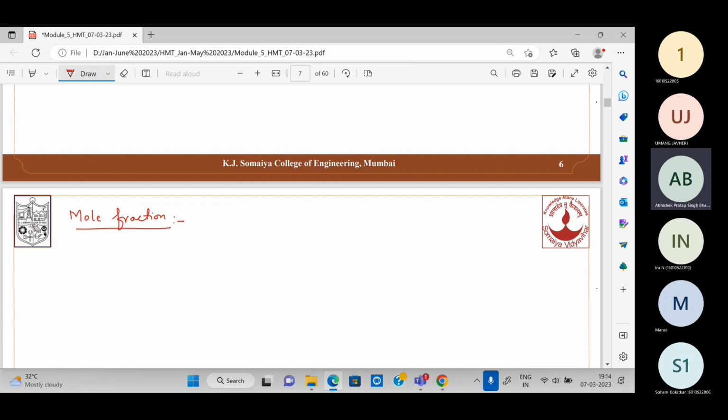Mole fraction is defined as the ratio of the number of moles of the component A to the total number of moles of the mixture. It is generally denoted by this term. So it is the ratio of the number of moles of component A to the total number of moles of the mixture.